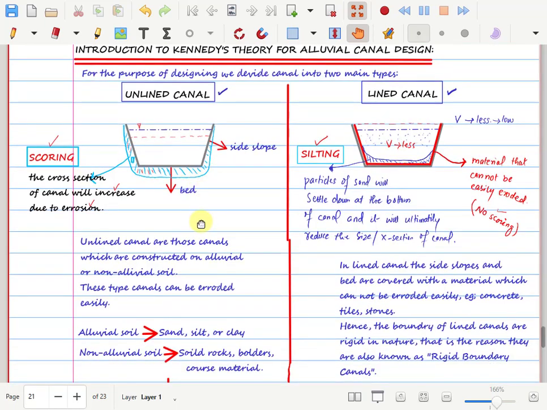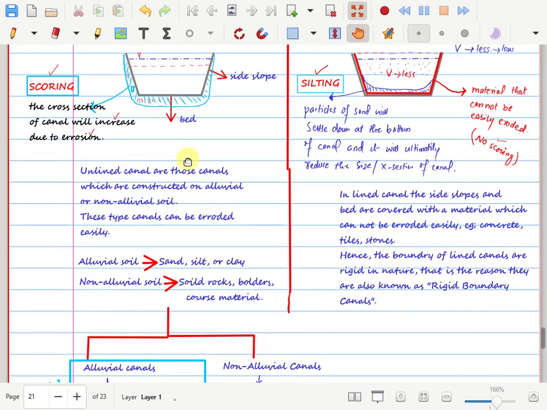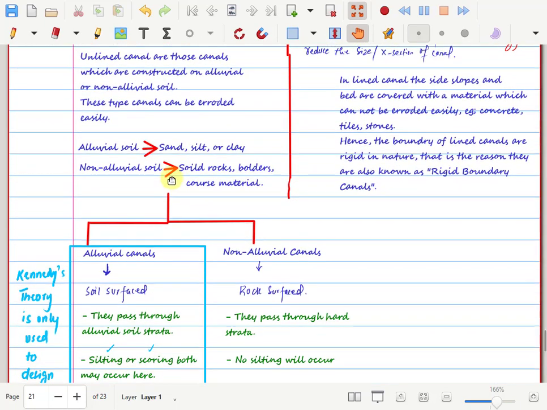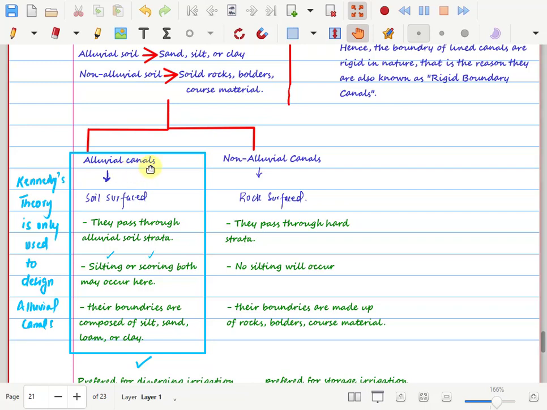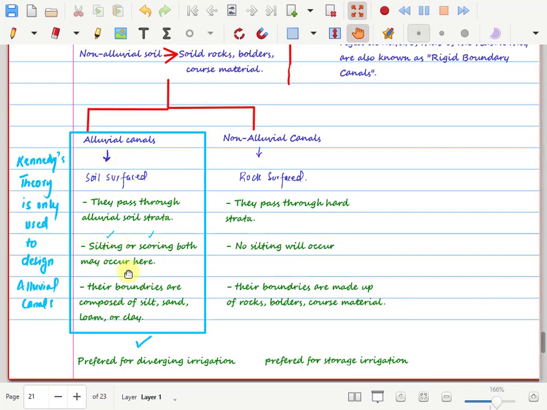These are two important terms. And then we have defined some properties of lined canals and unlined canals, and then we divided unlined canals further into two types, alluvial canals and non-alluvial canals. Our main design is based on alluvial canals, because Kennedy's theory is only used to design alluvial canals. Similarly, Lacey's theory is also used to design alluvial canals.